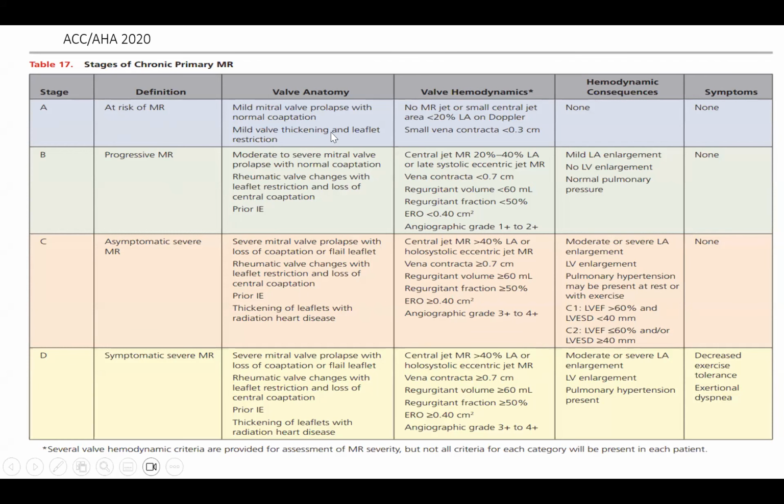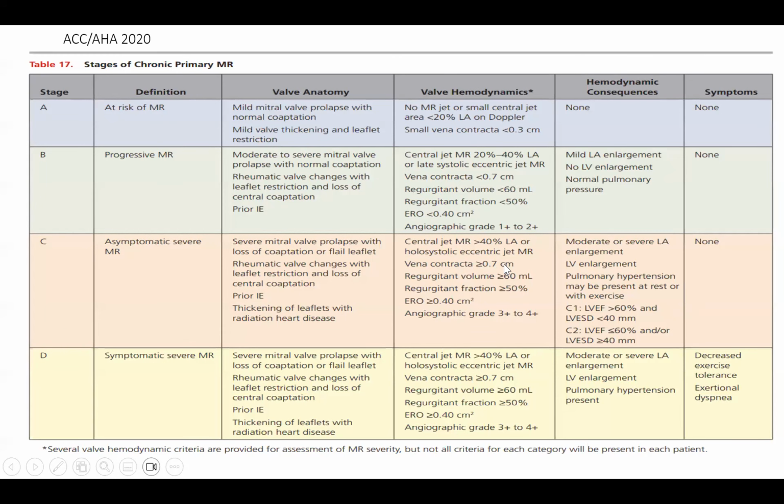Now, for those echo parameters that we mentioned, the numbers to take note for severe MR are the regurgitant jet, remember we said jet area, so more than 40% of the LA.